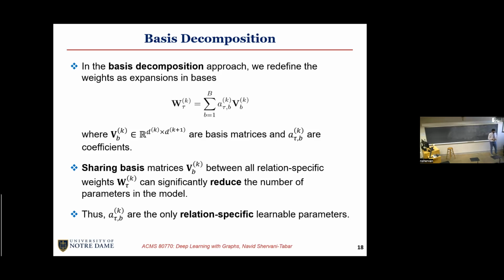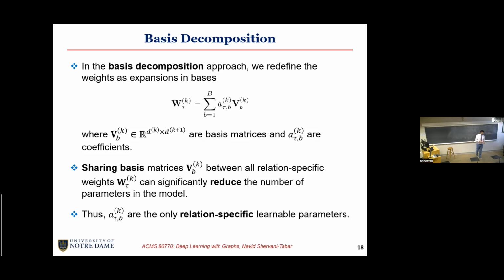So although you still need to learn them, they're much smaller than the total number of relations that you have. And although you have vectors a that you're learning for W, again, there are very few of them. And they're vectors, not matrices. So it is way cheaper.